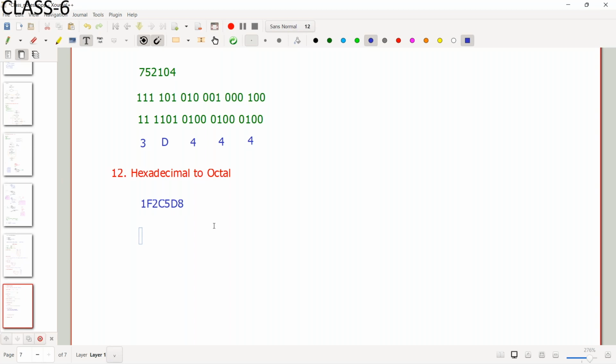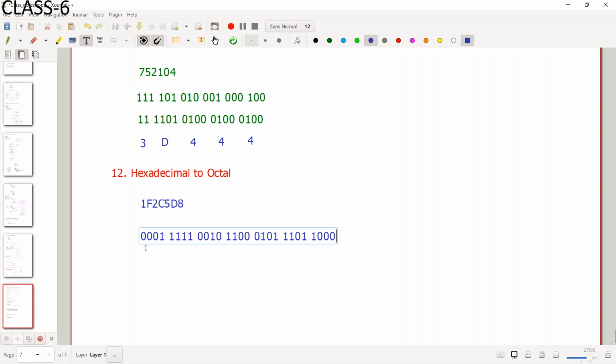Now you have to convert this to binary first. Every digit should be represented in 4 bits. 1 is 0001, 2 is 0010, C is nothing but 1100, then 0101, and D is nothing but 1101, and 8 is 1000.